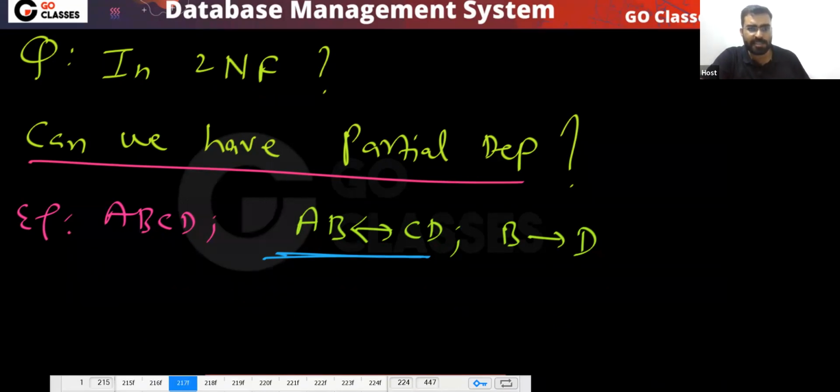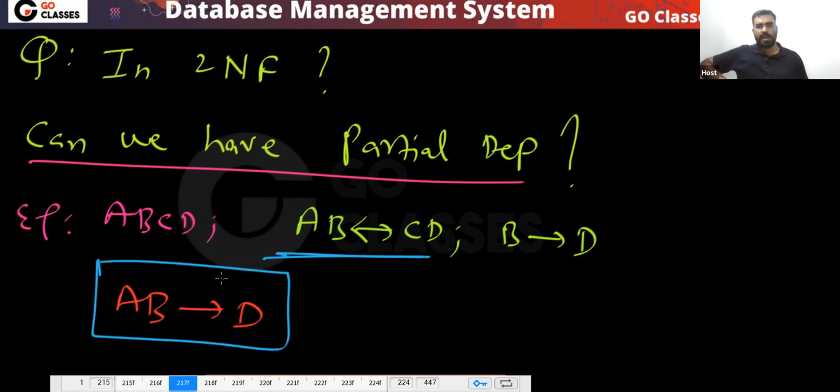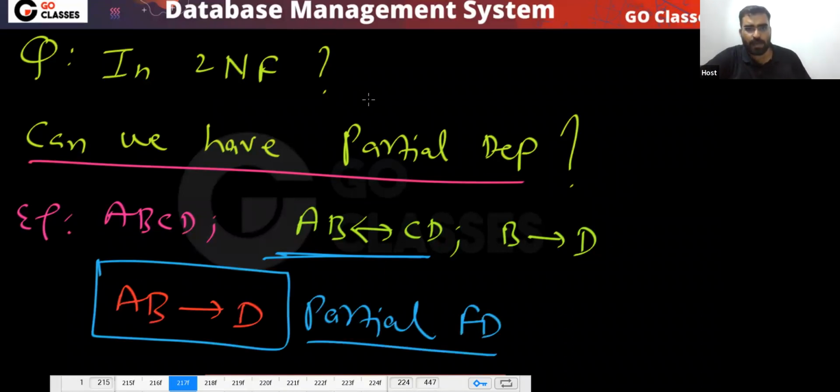But still, consider this dependency: AB determining D. Is this partial? Yes, this is partial. So a partial dependency is there. But can you notice this partial dependency is no problem to 2NF?